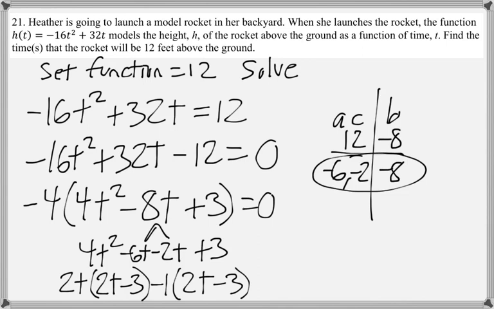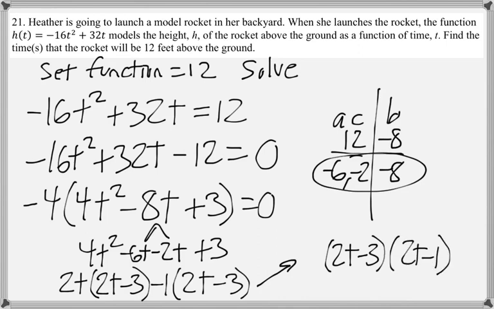So then if you complete the factor by grouping, it's going to be 2t minus 3, 2t minus 1, and I still have that negative 4, and this is equal to 0.